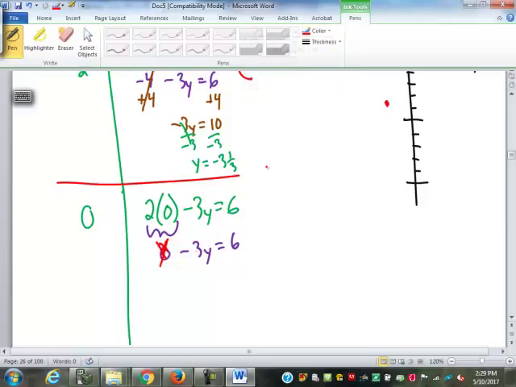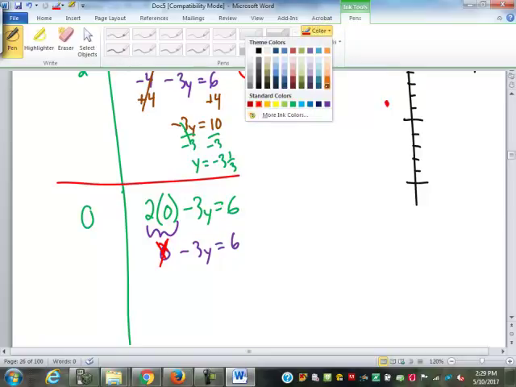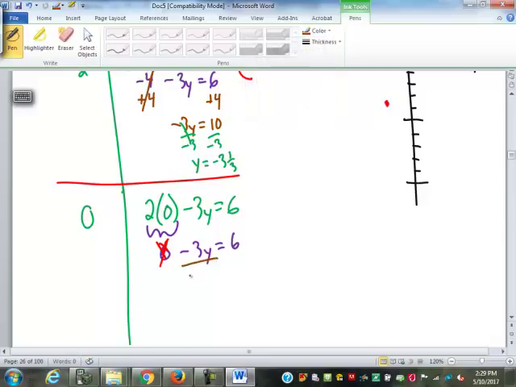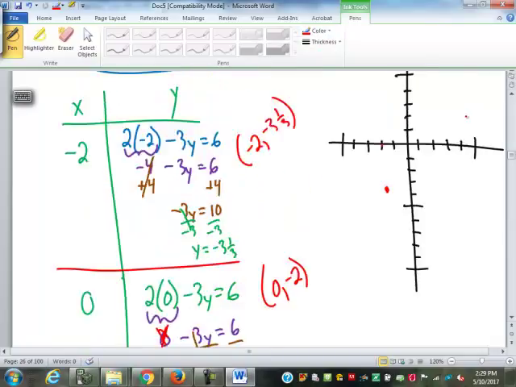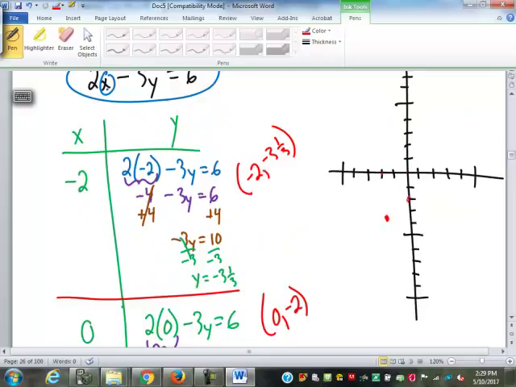What we have right now is just -3y equals 6. So to solve for y, I'm going to divide by -3. Good. So y equals -2. So that gives us a point here that x is 0 and y is -2. So on my graph, x is 0, y is -2 is right there.